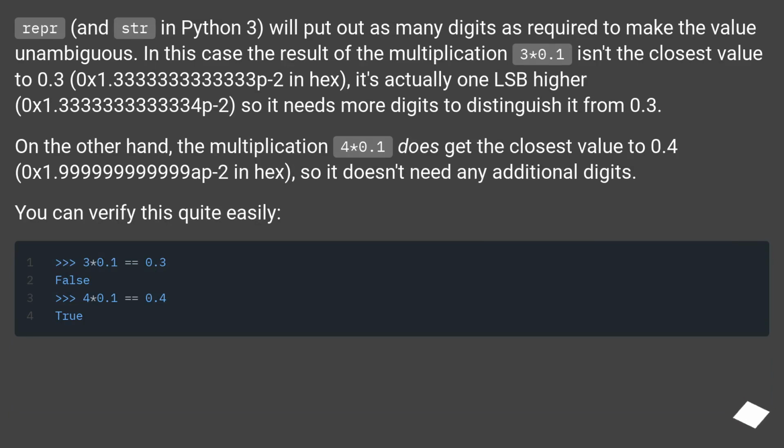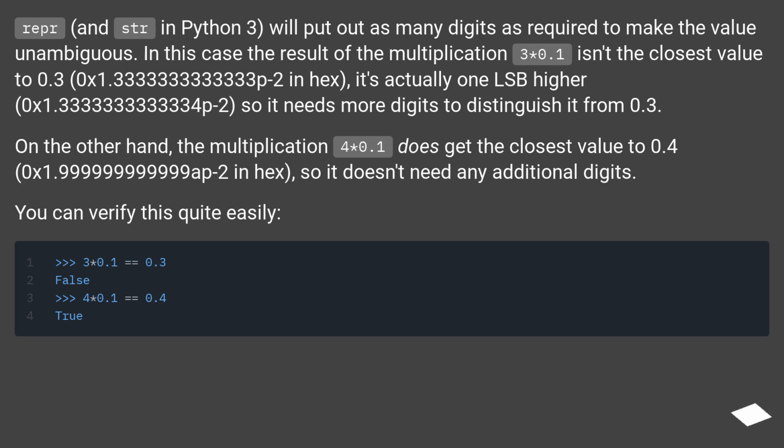Repr and str in Python 3 will put out as many digits as required to make the value unambiguous. In this case, the result of the multiplication 3 times 0.1 isn't the closest value to 0.3, 0x1.3333333333333p-2 in hex, it's actually 1 lsb higher, 0x1.3333333333334p-2, so it needs more digits to distinguish it from 0.3.